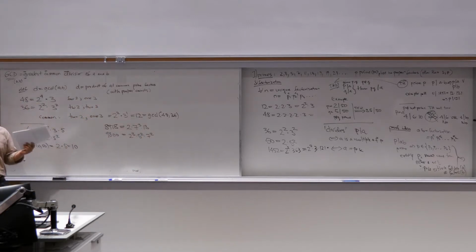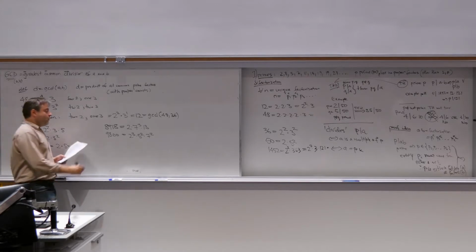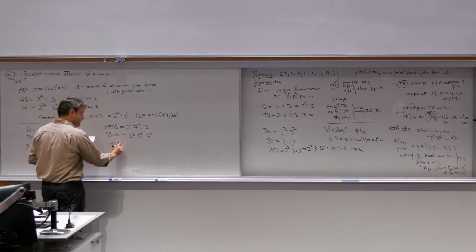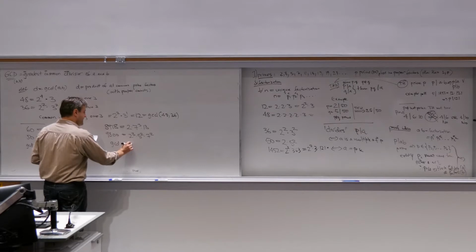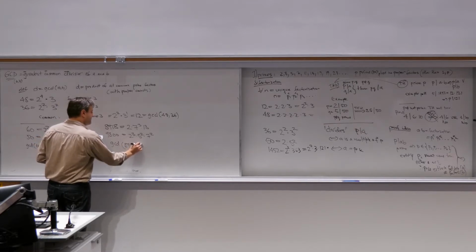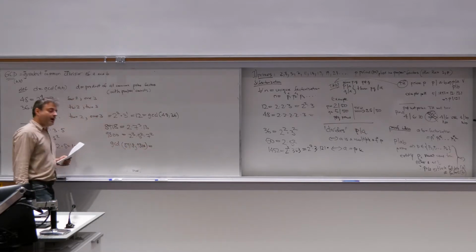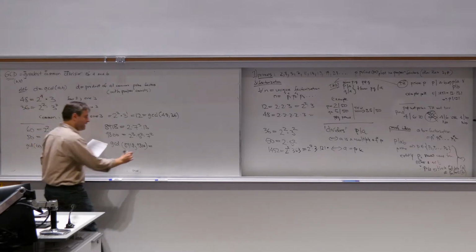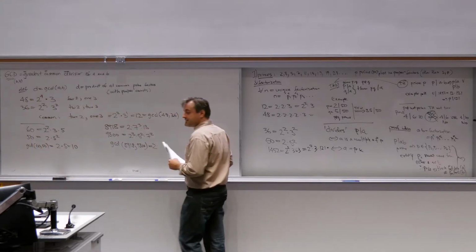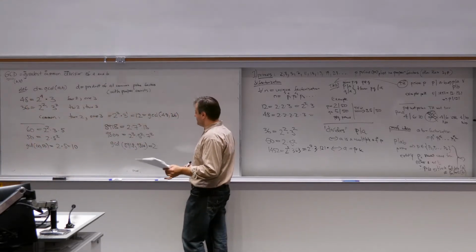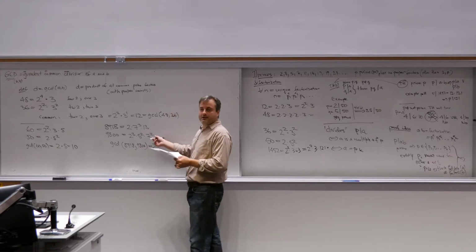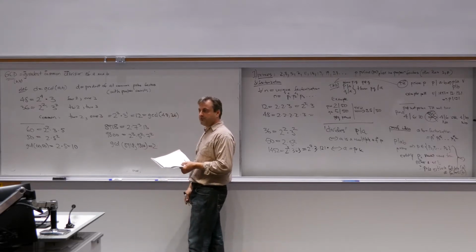Again, please trust me on that. What would be the GCD of those two values? 8918, 9800. How many 2's are in common? 1. How many 5's are in common? None. So I can write 5 to the 0, but I don't want to waste my time. I'm just going to skip the 5 here.